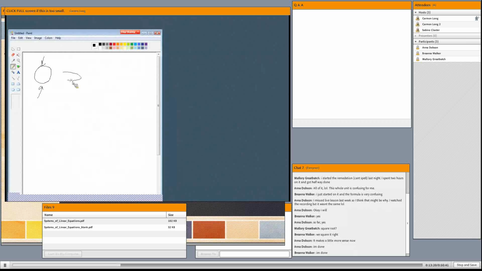If it looks like this, the x part that we're going to look at is in the numerator, and the bigger denominator is there because this is parallel to the x-axis. So when you have an ellipse that goes this way, the denominator is bigger for the x. When it goes up and down, the y has the bigger denominator.